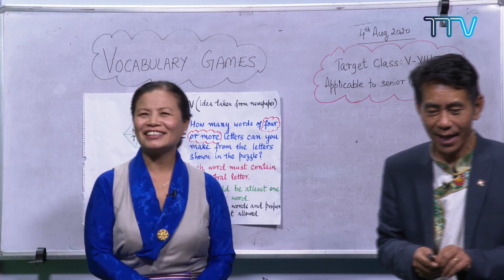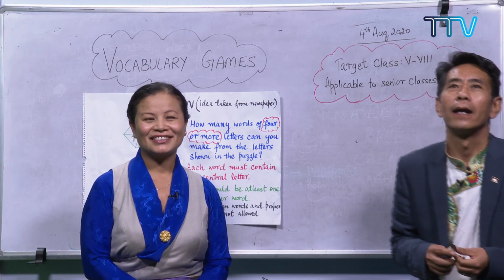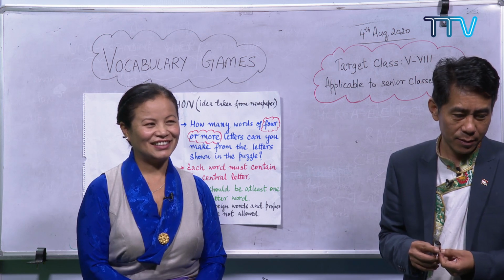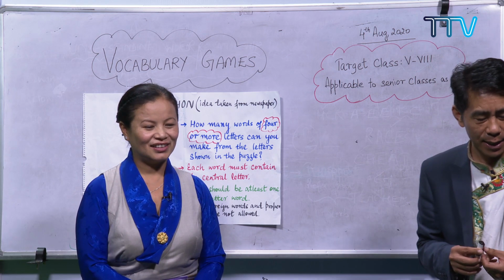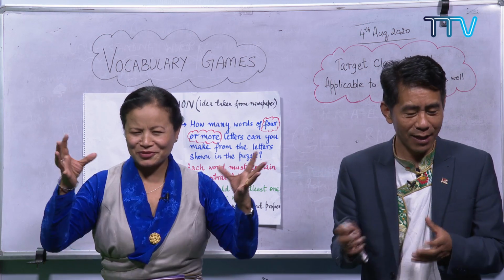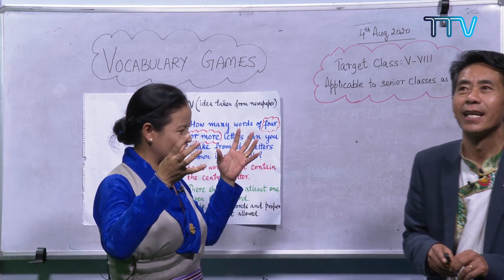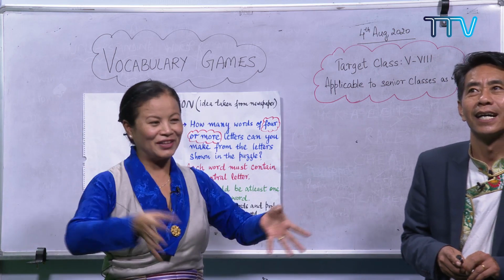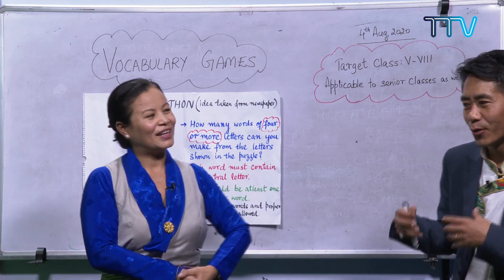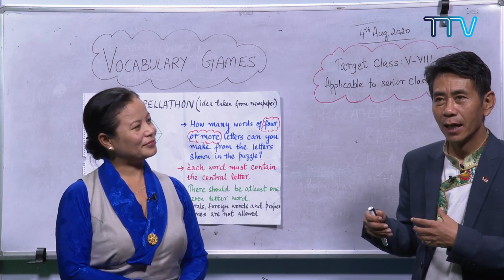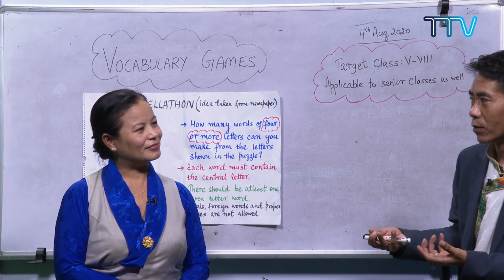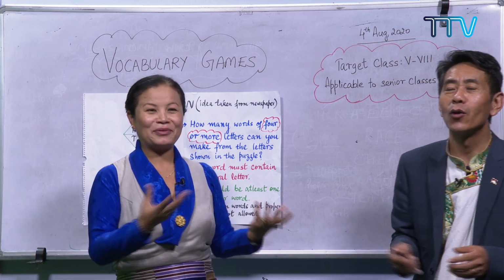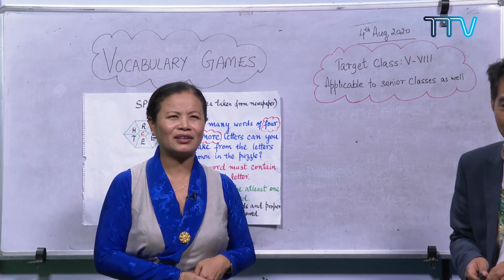N. Kitchen, what do you find? Very difficult. See, I told you, we are doing it on the spot, right? I have no idea. I haven't thought of the word I'm going to say. Is it okay if I say Nirma soap? Or you can use napkin, right? Napkin, paper, you can use in the kitchen. Again napkin, again N.